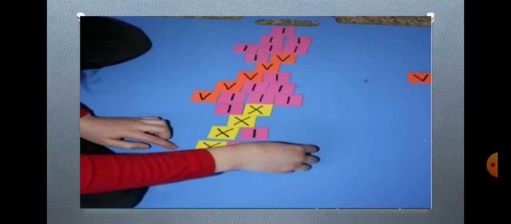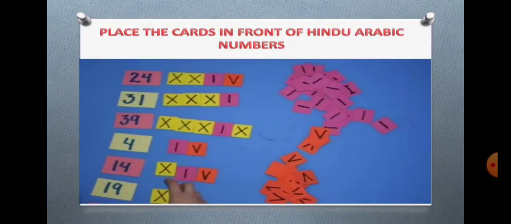Now you can also play with these Roman numbers and you can show it like this. We can even place the cards in front of the Hindu-Arabic numbers and have fun.